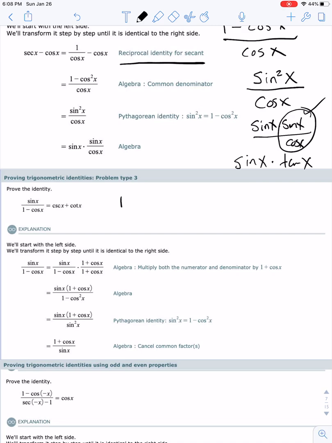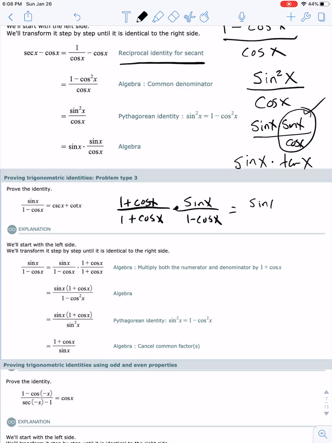So I'm going to multiply by 1 plus cosine x over 1 plus cosine x. That's allowed because it's the equivalent of multiplying by 1. So I'm not changing the value of anything. And that's algebra, there's no trig function to define that. It's just algebra.